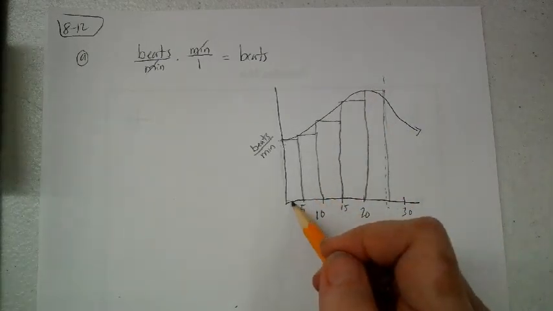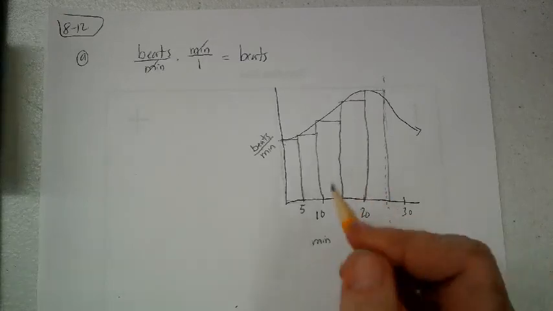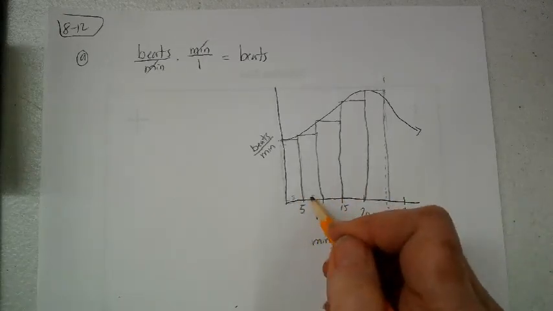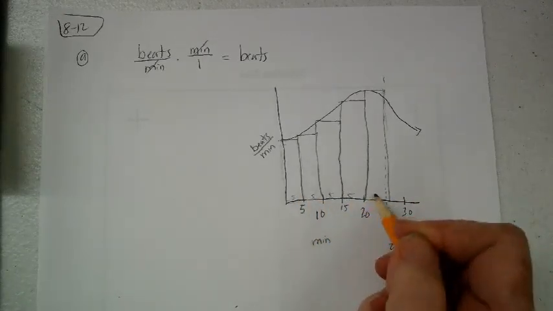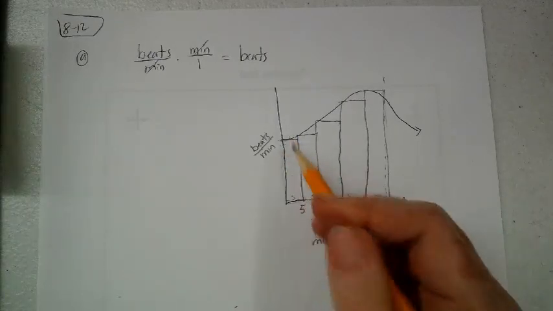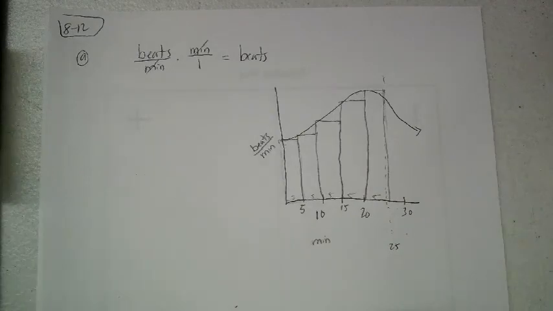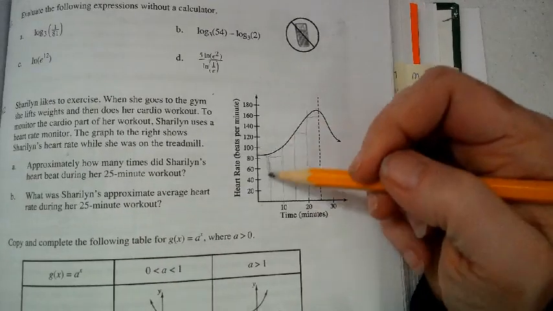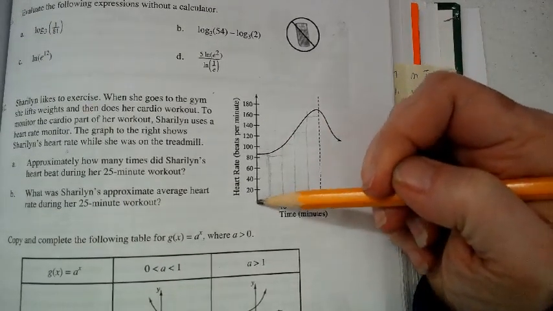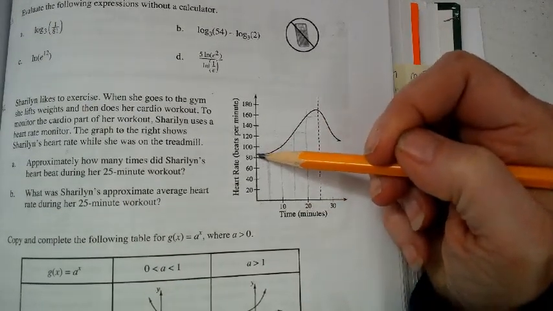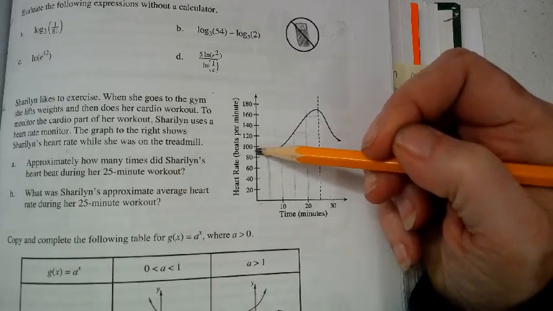The width of each of these little rectangles is going to be 5, right? They're all 5. So I could just look on my graph and find the height. At 0, I just have to guesstimate, so it's not going to be perfect. I guesstimated that to be about 85, because halfway would be 90.